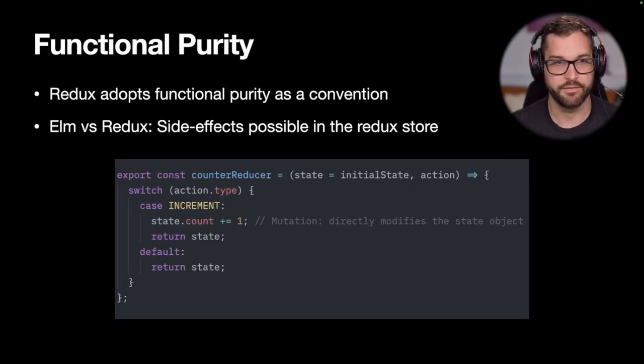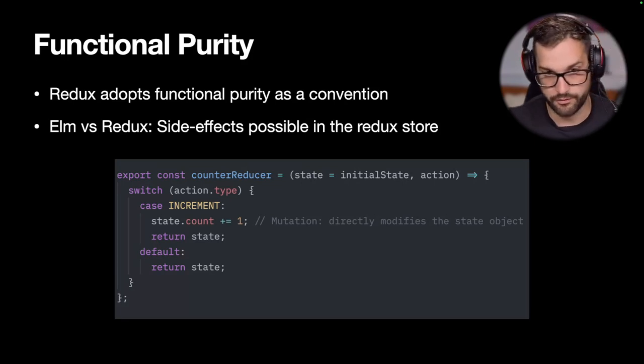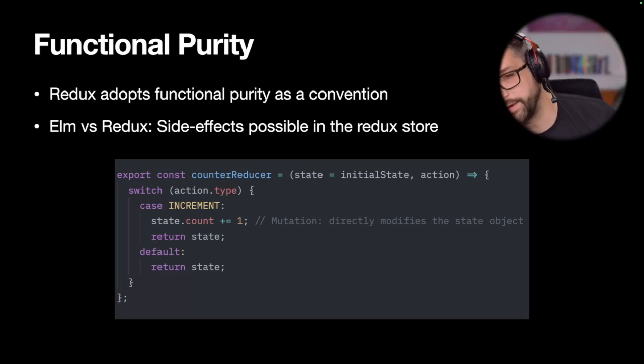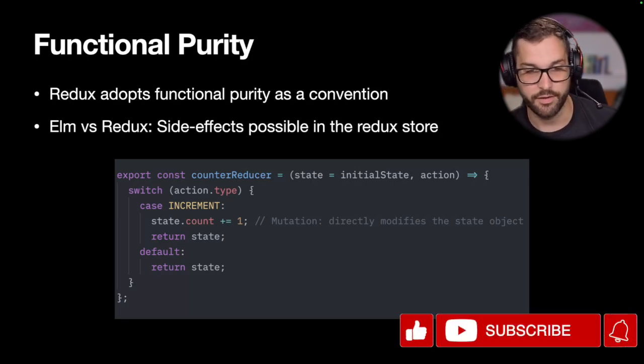Okay, number 5. So Redux adopts functional purity as a convention. It's not enforced. For example, in this case, we know we should be returning a new state object, but because the developer who wrote this maybe doesn't completely understand the paradigm, we've actually mutated the state in our reducer.